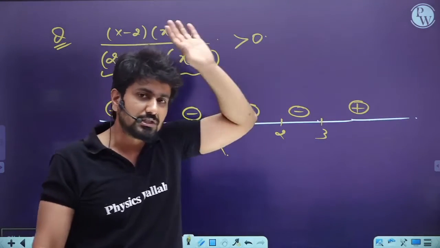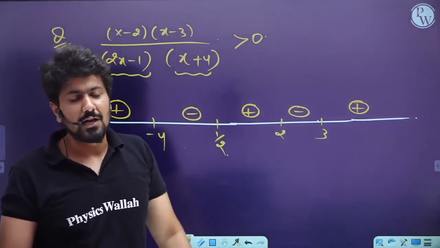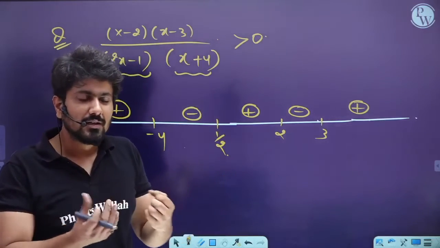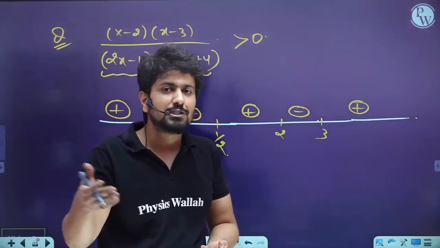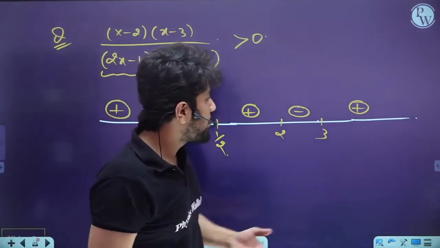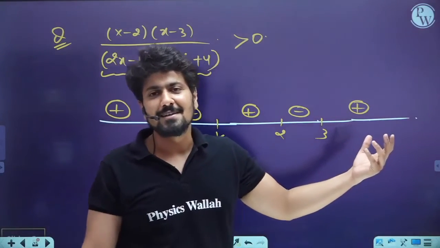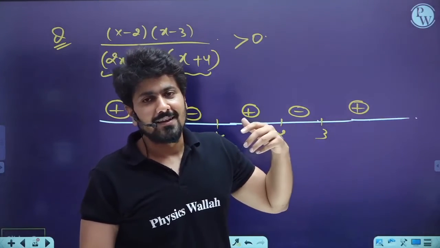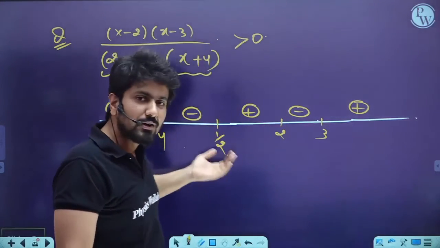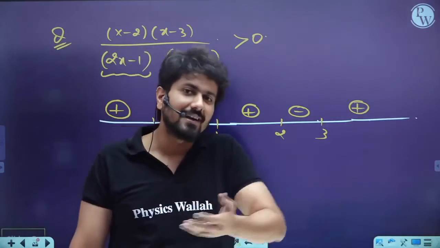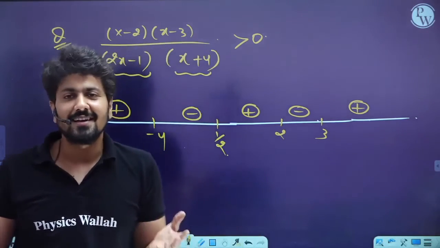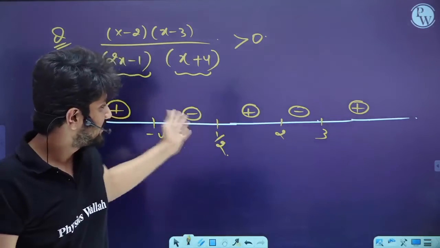Why? Because the coefficient of x is positive. I hope now you are understanding the logic behind each of these steps. Why do we make the coefficient of x positive? Because now we can simply put positive in the extreme right. Then after each critical point, one of the factors changes its sign, and that changes the sign of the entire expression. Correct? Okay, that's it.